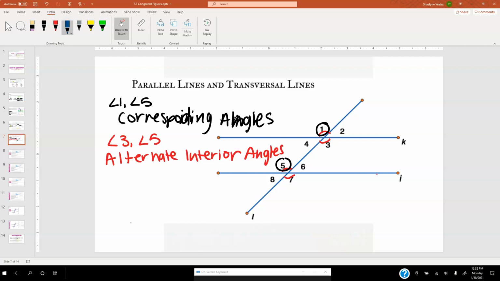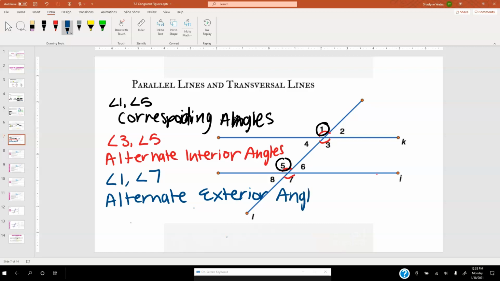We can also say that angle 1 and angle 7 are congruent because these are alternate, opposite sides of the transversal, exterior, because they're outside the parallel lines, angles. Alternate means opposite sides of the transversal, interior means inside the parallel lines, exterior means outside. So this is interior, and these are exterior.